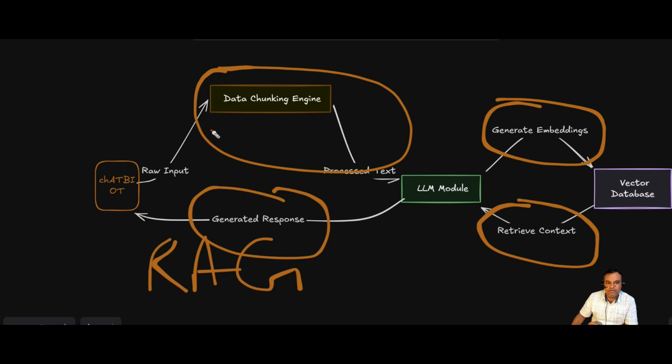From the chatbot, the data will go to chunking, then to the LLM, and from the LLM it will go to the vector database. From the vector database it will retrieve. So AI is not just about the LLM and not just about the vector database. This is the simplest form of architecture. We have a chatbot, then chunking, then the LLM for embedding, then the vector database, then the retrieval comes back, then goes to the LLM module and to the chatbot.